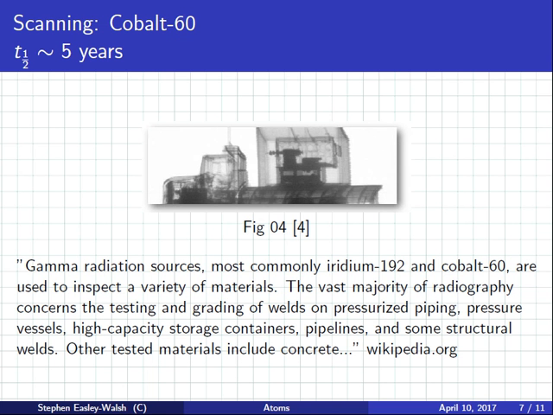So cobalt-60 is used for a detailed image. It's used in engineering to check pipes, to see if there's any holes in the pipes, any holes in the walls, any holes in the containers. Because you can see from the picture here, it's quite detailed. You could see the structure clearly.